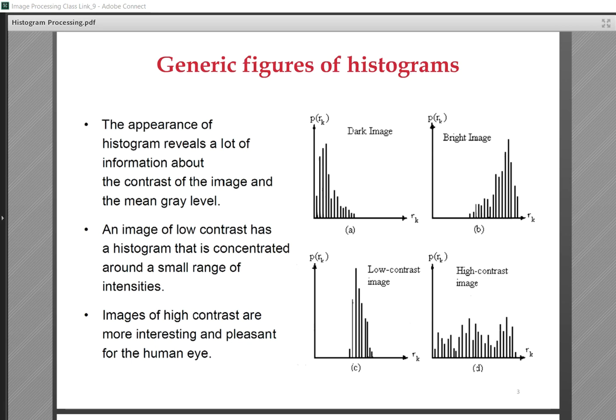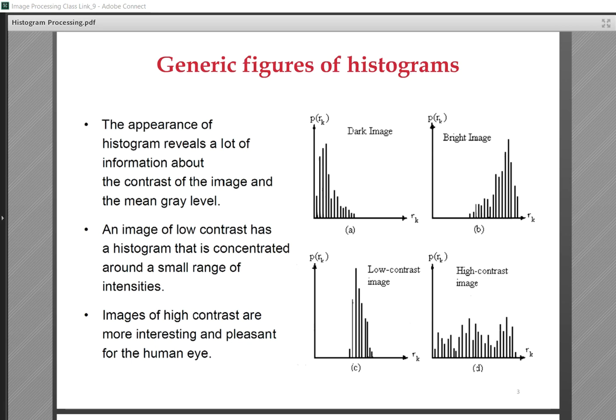And with this, the appearance of the histogram reveals a lot of information about the contrast of the image and the mean gray level. The mean gray level tells about darkness or brightness, and compactness or extension tells about low contrast or high contrast.